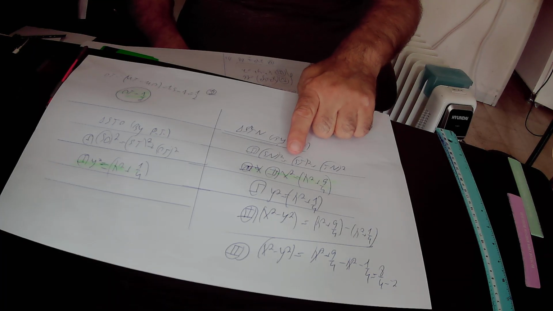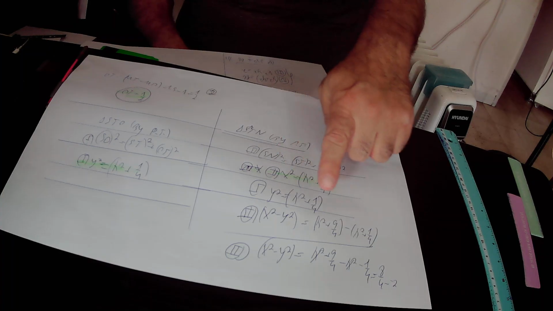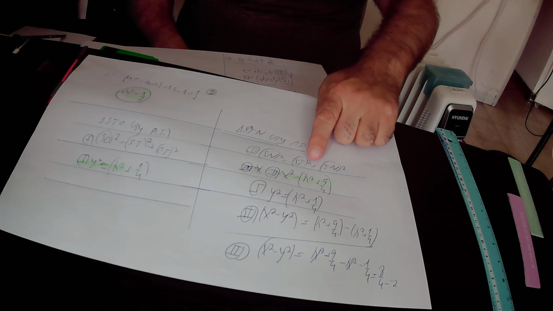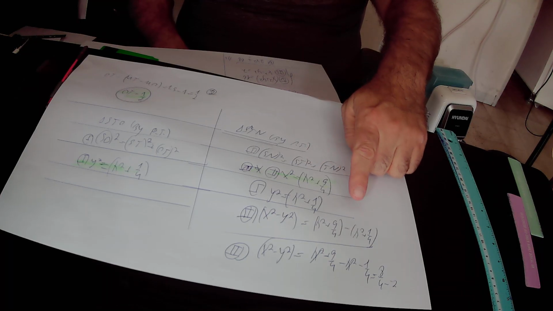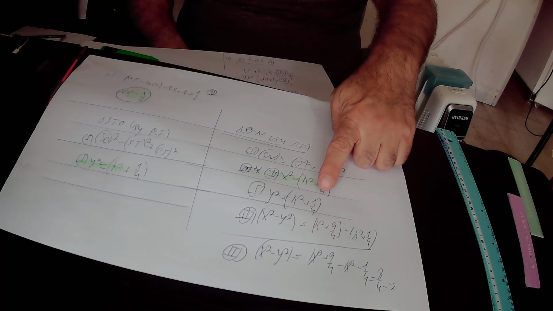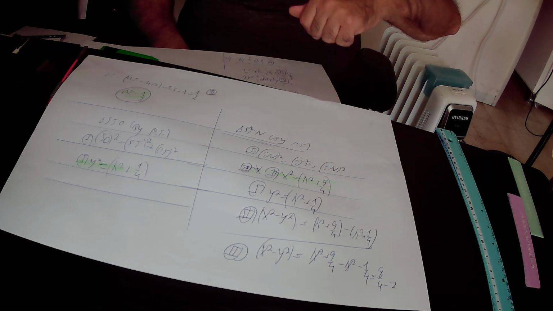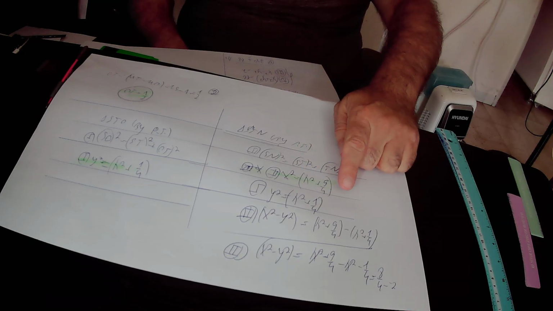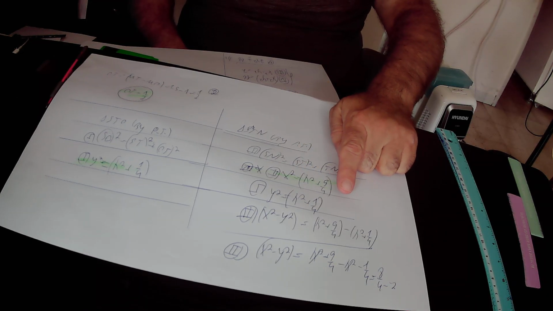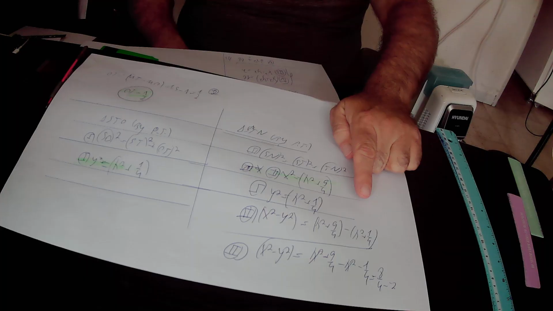On one side of the equation it is x squared minus y squared. On the other side, we have h squared plus 9/4 minus equation 1, that is h squared plus 1/4. So according to equation 3, x squared minus y squared equals h squared plus 9/4 minus h squared plus 1/4.